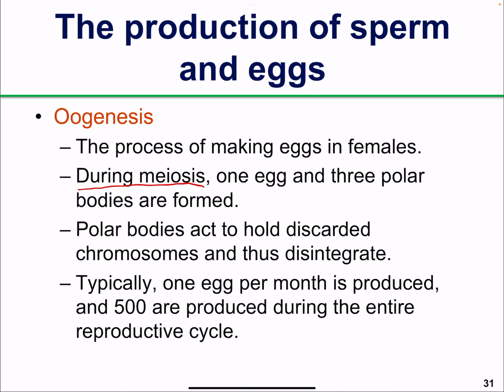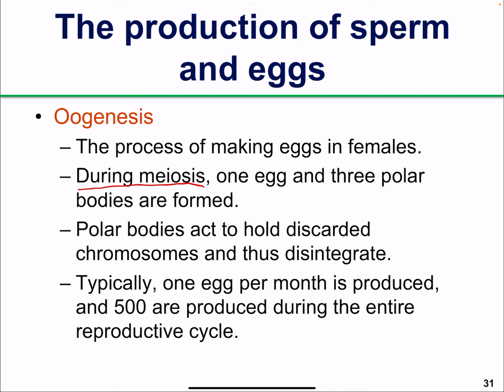But what is characteristic and striking with meiosis in females is that while sperm cells are all equal in size when they are produced, so from one parent spermatogonium we are going to have 4 sperm cells that have equal ability to be part of reproduction, in females, from one oogonium, we are going to produce only 1 egg cell and 3 polar bodies.